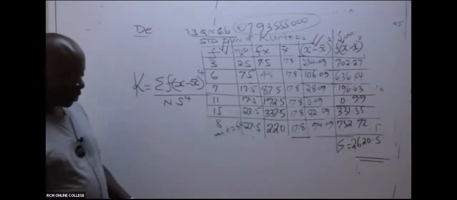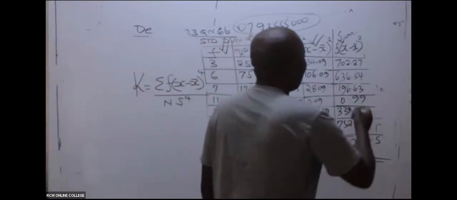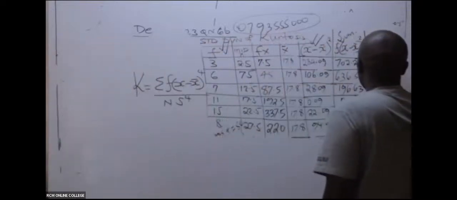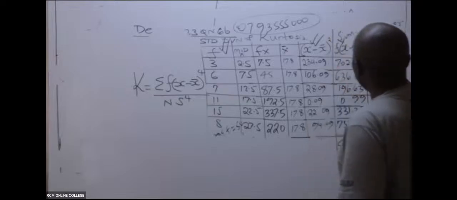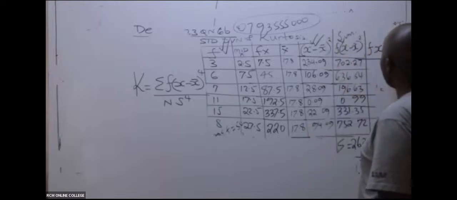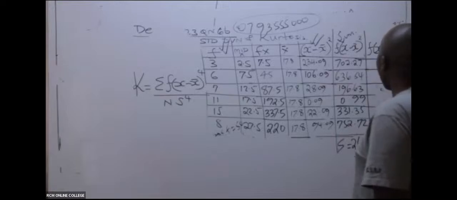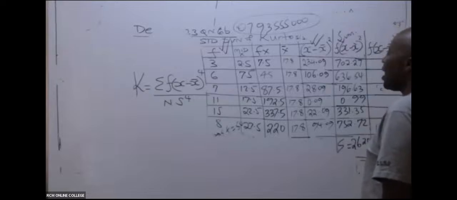So what you need to do is create a column here where you capture the last column, f times (x minus x bar) raised to power 4. Let me see whether anybody can get the first answer here.